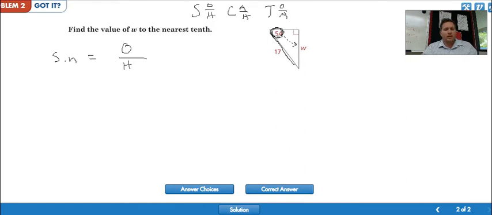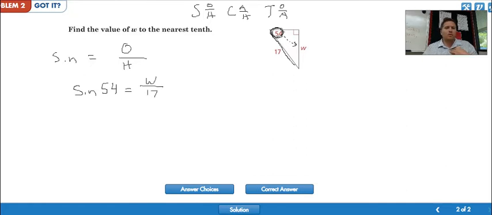So I'm just going to fill it in. I'm going to have my sine, and then I put the degrees, which was 54 degrees. So it's sine 54 equals, my opposite was W, and the hypotenuse was 17.